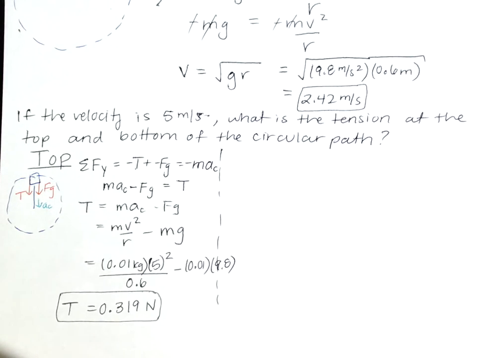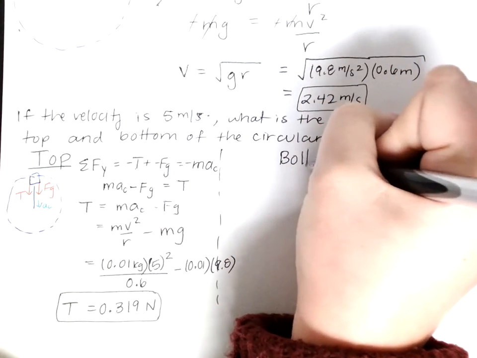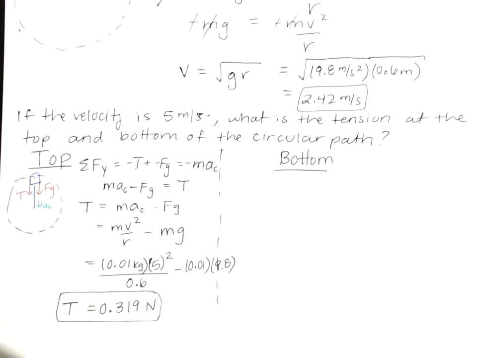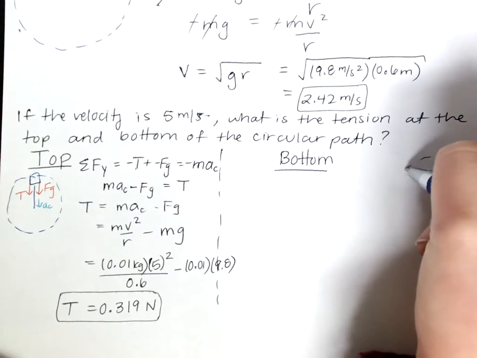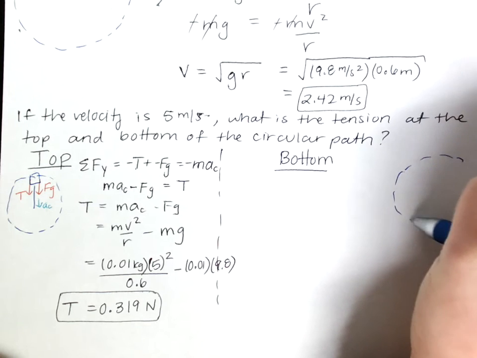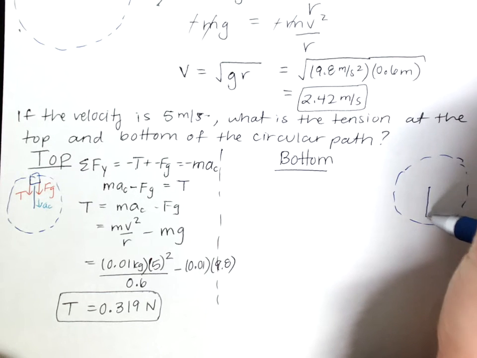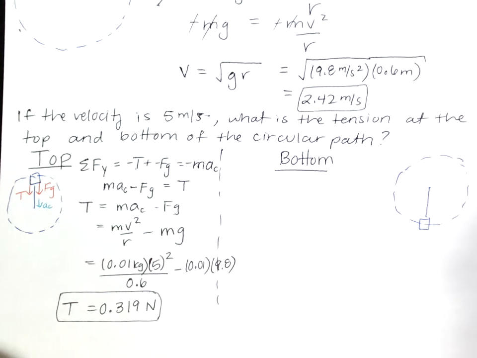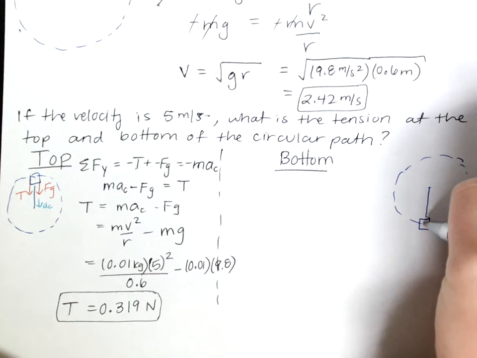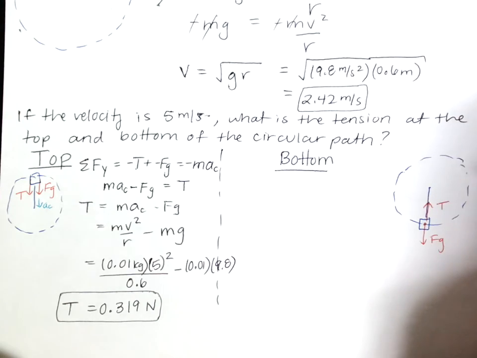Okay, so now let's do the same thing for the bottom of the path. Here is our picture. So now the stopper's at the bottom of the path. The forces are going to change direction. Force of gravity is still down, but tension is now up.